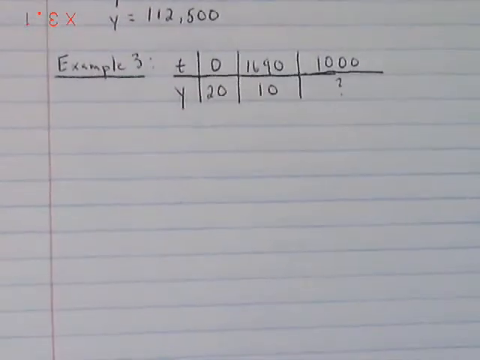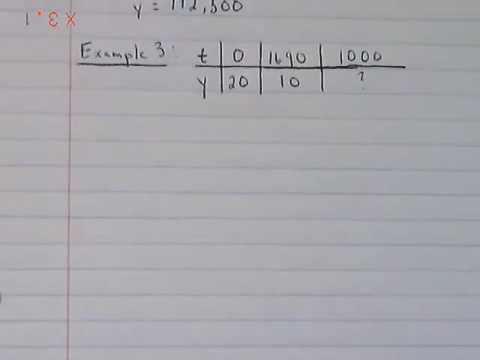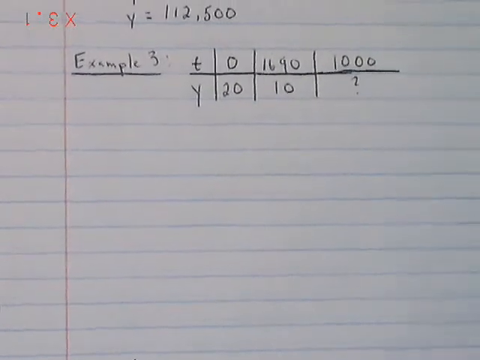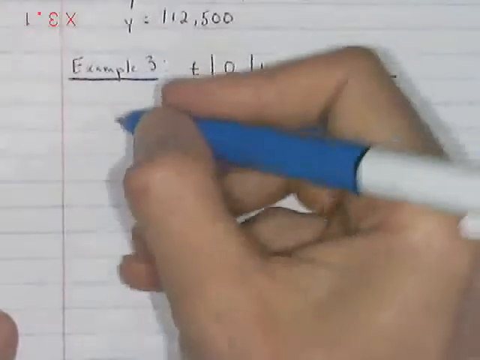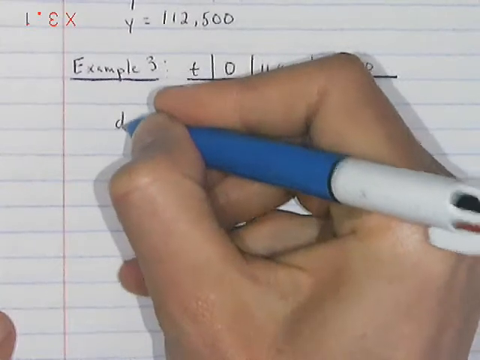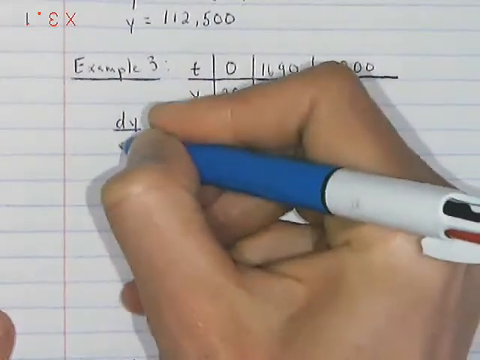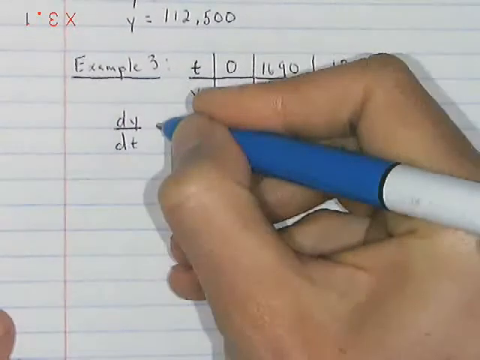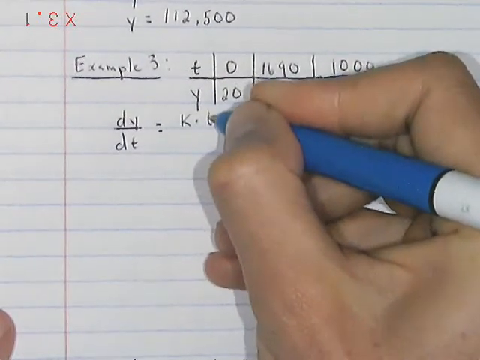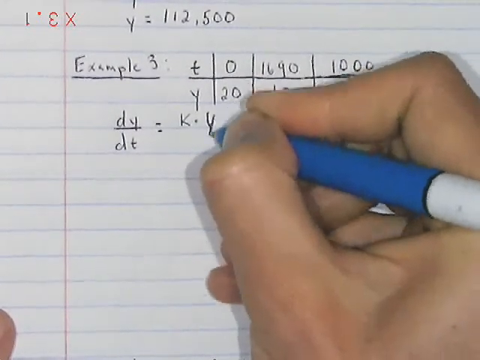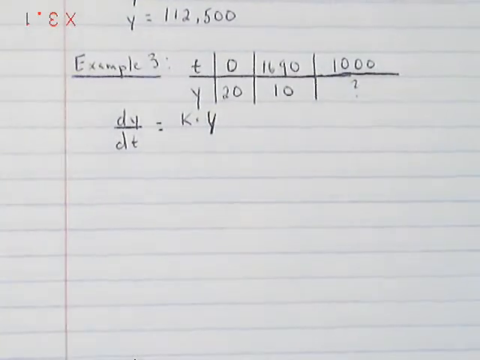So, we heard the magic words in the problem setup that the rate of decay was proportional to the amount present. So the rate of decay, the derivative, rate of change, dy dt, is equal to k times y. Sorry, it's a funky looking y.